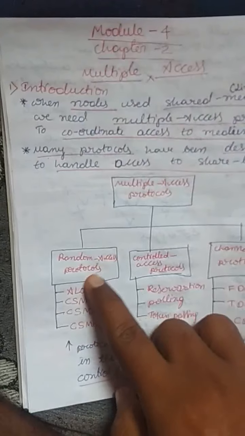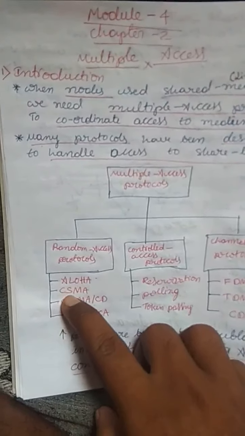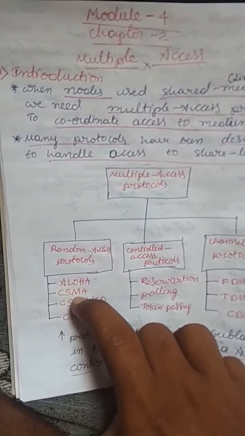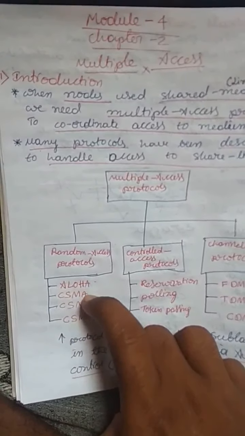We move on to the next type of random access protocol, which is CSMA. What is CSMA? Carrier Sense Multiple Access.